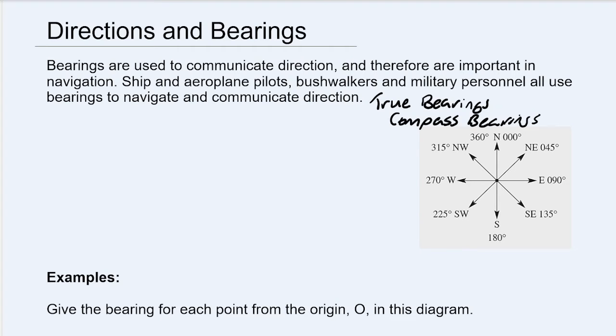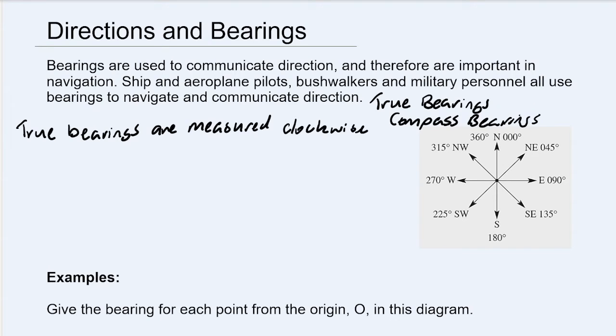All bearings, or true bearings particularly, will start clockwise from north. So true bearings are measured clockwise from north and contain 3 digits.